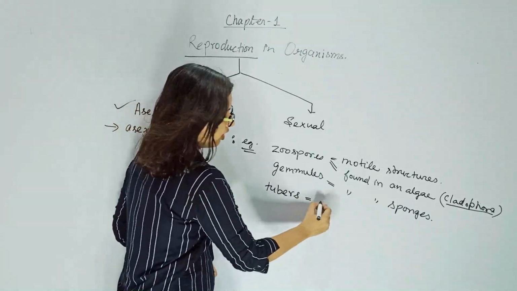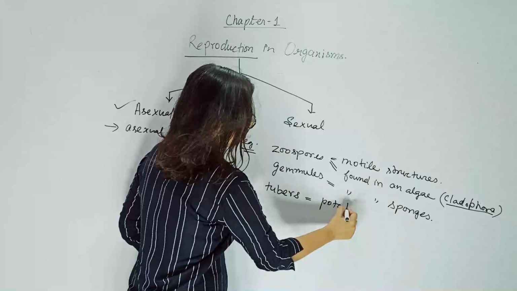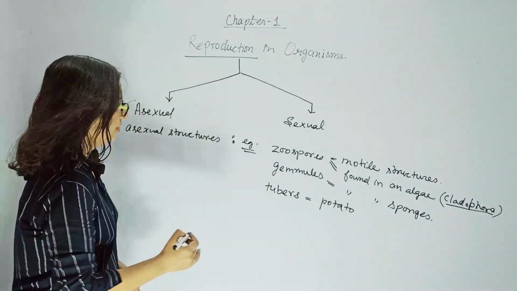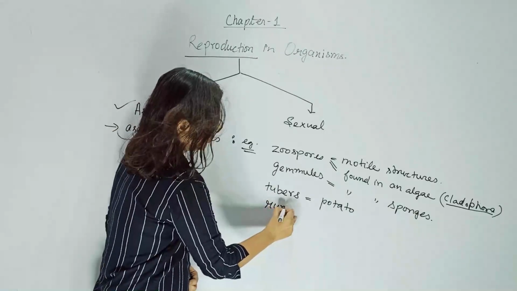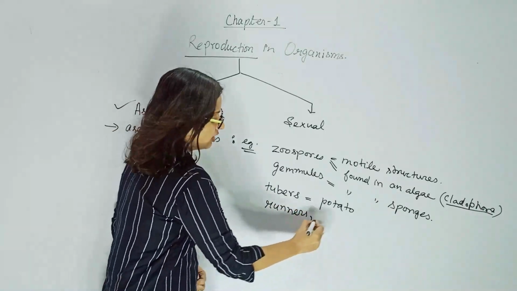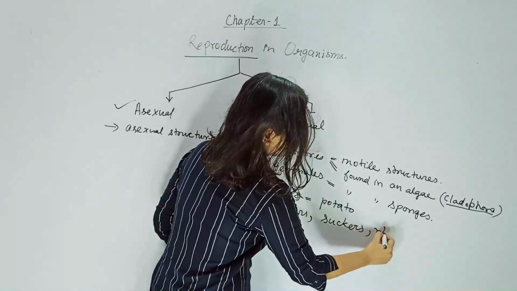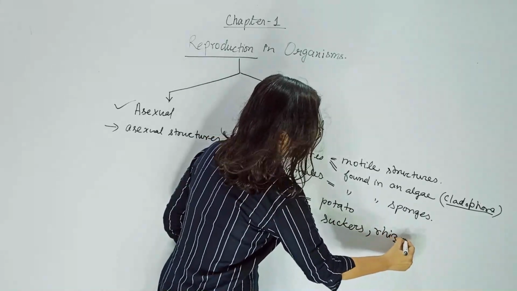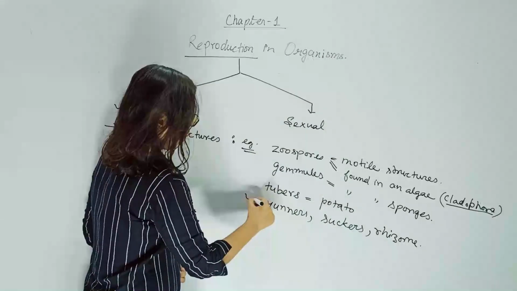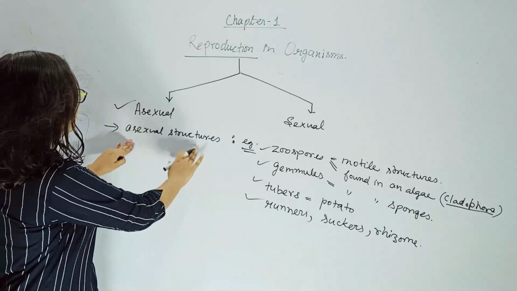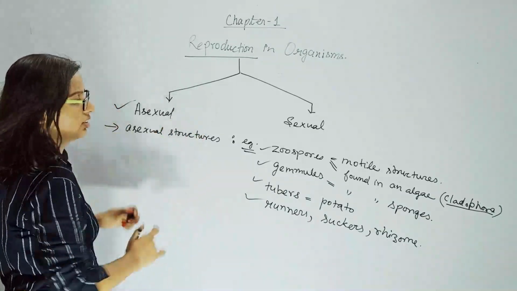Tubers are found in potato. Then there are runners, suckers, and rhizome. All these are the asexual structures which help in asexual reproduction.